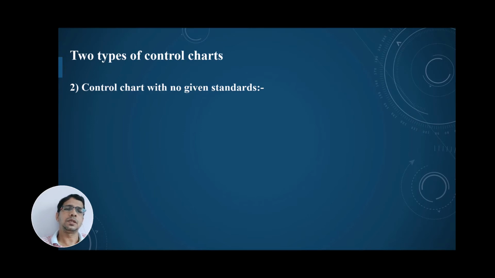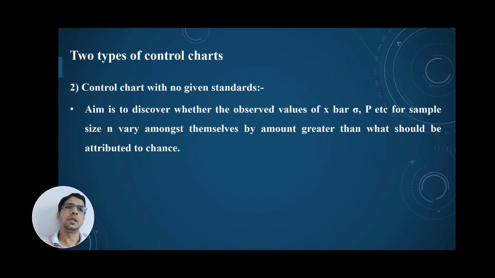In such cases, we try to check whether there is a variation among themselves and whether that variation is above what should be attributed to chance. That means our aim is to discover whether the observed values of x bar, sigma, p, etc. for a sample size n vary among themselves by an amount greater than what should be attributed to chance.